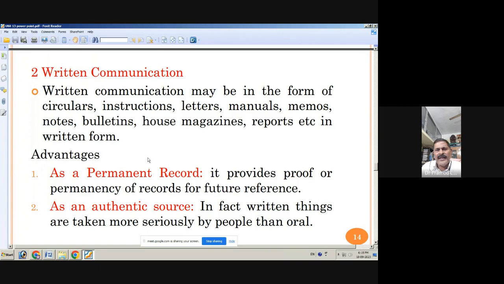And when you get any information in written form, then you are interested to keep it with you. And when you keep it for a longer period, it becomes a permanent record. So definitely it provides proof or permanency of the records for future reference.